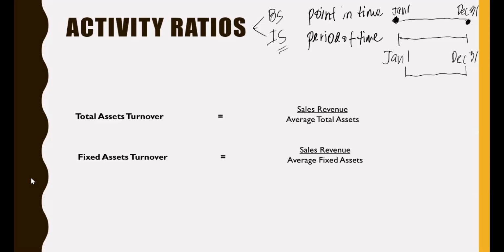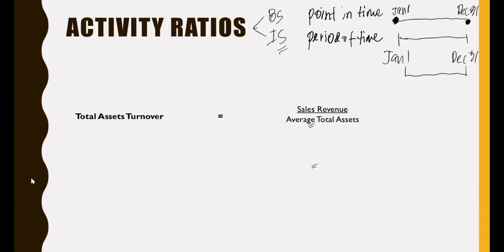We simply add the beginning and ending of the particular items, and then divide it by 2. So, simple average. And so, that's the reason why for total assets, we use average total assets. For fixed assets, we use the average fixed assets. Okay, so that's total assets turnover and fixed assets turnover. So, how much activity was made for every peso of resource in the company. Yun ang sinasagot ng activity ratio.